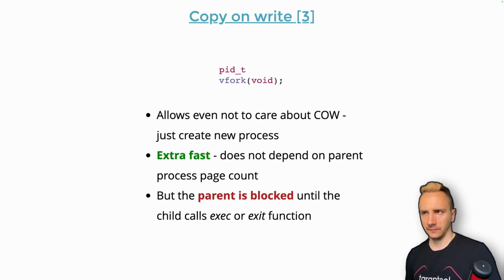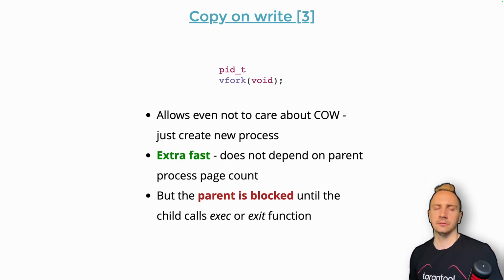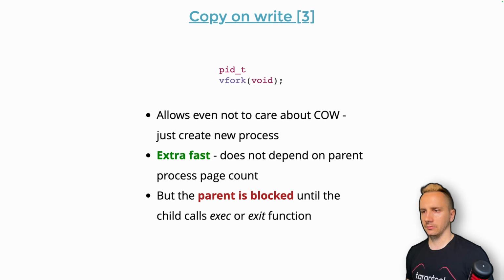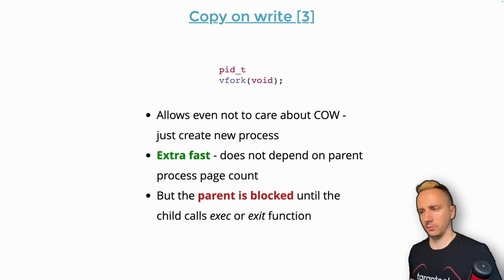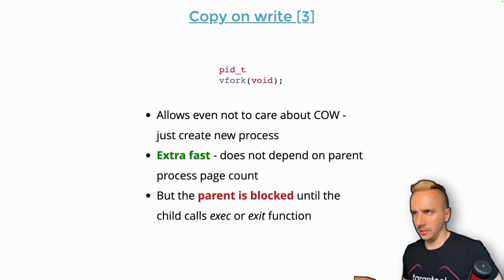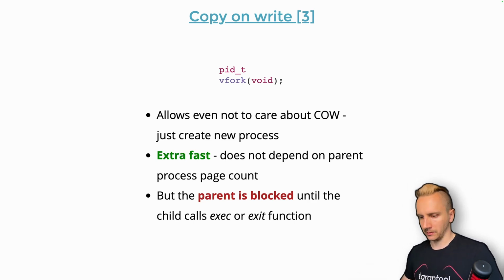So right after vfork, you should ASAP go and do an exec or exit so the parent can continue. This is a trade-off. Instead of paying the dynamic overhead of having to mark all the memory pages as copy on write, you pay this constant overhead for how long the parent will be blocked. It can be useful in really large processes.